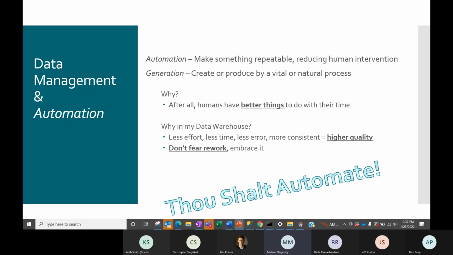The other concept here is this idea that we don't have to fear rework. It's okay to build a prototype, because if the metadata is wrong and if the model's wrong, we'll adjust the metadata. And since we don't have oodles of hours invested in building out the solution, we can regenerate that solution in just a few clicks of a mouse, and the data can load, maybe even overnight, and we might have a new iteration of that even the next day that the users can take a look at.